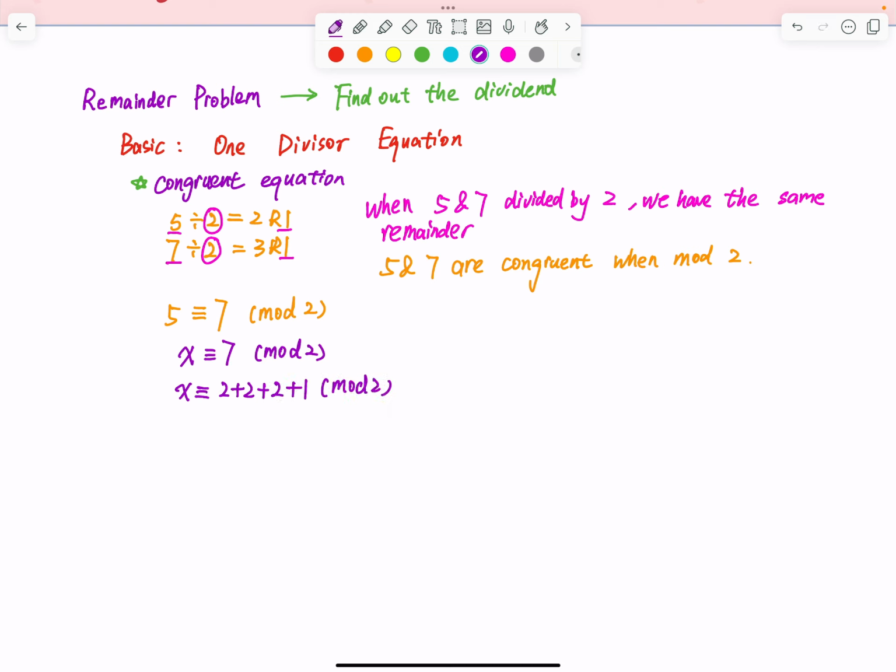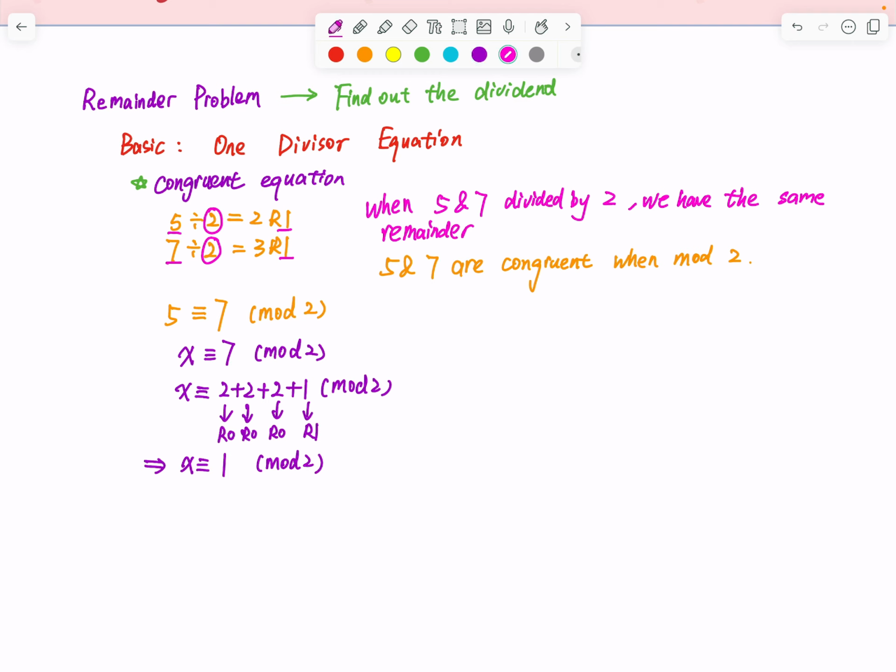Remember, mod 2 means divide by 2. So 2 divided by 2, remainder 0, three times. 1 divided by 2, the remainder is 1. So I can simplify into x is congruent to 1 if I mod 2.